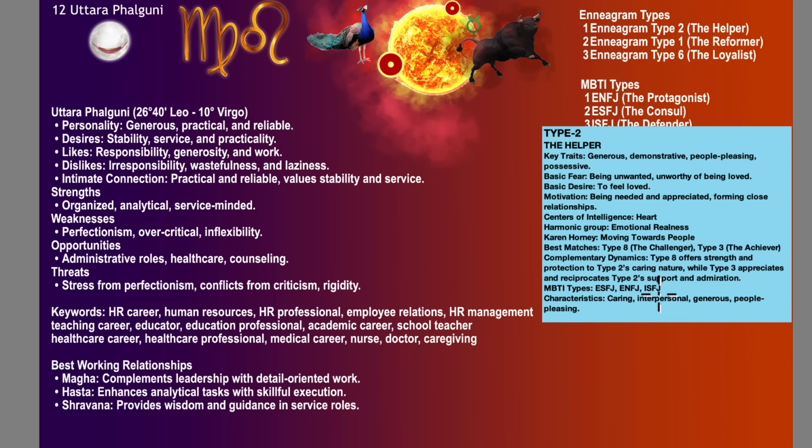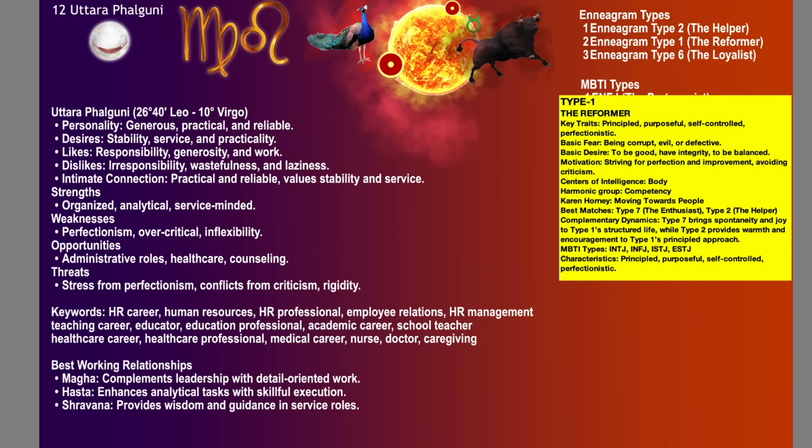Therefore, their characteristics of being caring, interpersonal, and people-pleasing could be in careers of HR, human resources, employee relations, HR management, that kind of thing, because they are wanting to move towards people. So if you are a type 2 Enneagram and Uttara Phalguni dominant in your D1 10th Lord or D10 10th Lord or Ascendant, you might be good at these careers.